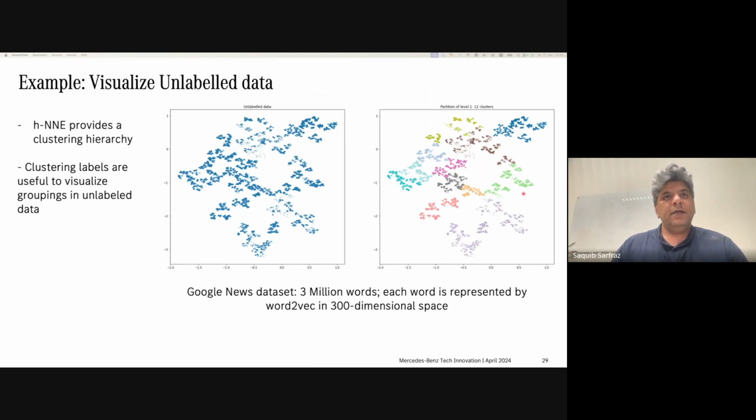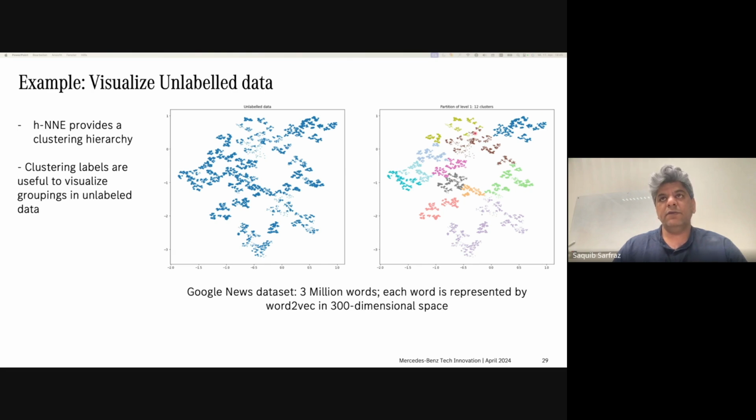All right. Another important aspect for h-NNE is that it is quite helpful in visualizing unlabeled large-scale data because it already provides the clustering and the labels. So you can use the clustering labels to visualize different clusters, different groupings in the data and analyze them, right? So here in this example, I think this is also from the paper, it's a 3 million Google News NLP dataset.